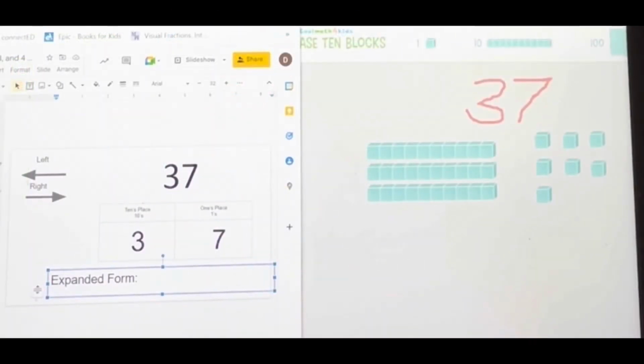So now I'm going to write the number 37 in expanded form. I have my base 10 blocks to represent the number here. So again, I'm going to count out my tens blocks, counting by tens, 10, 20, 30. So in the tens place, we have 3 tens and we have a value of 30.